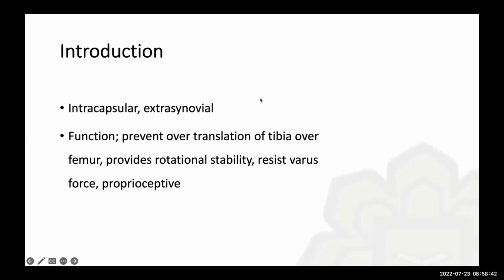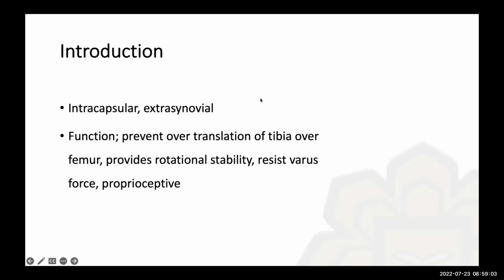Okay, before we go further, we must understand the function. The function of the ACL is to prevent over-translation of the tibia over the femur. That is number one. Number two, together with the first function, it provides rotational stability. These are the two main functions of the ACL.